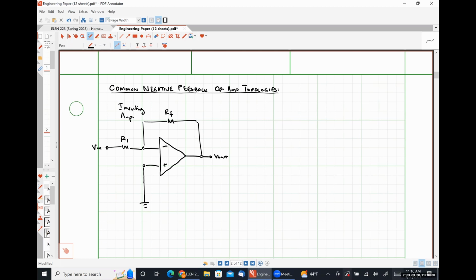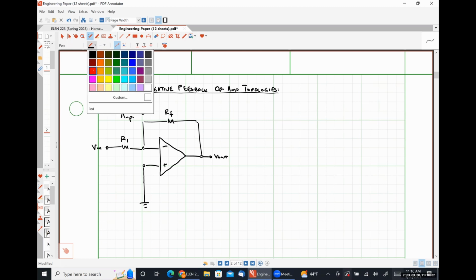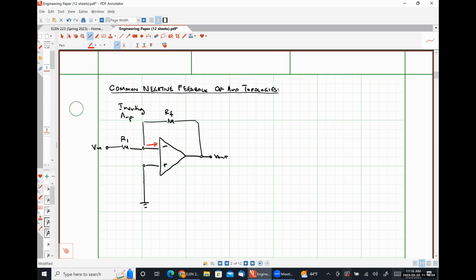If we apply op-amp rule number 1, we will recognize that this current is 0 amps and this current is 0 amps. So our voltage at this node is simply 0 volts. Step 1 is taken care of. Step 2, we apply op-amp rule number 2.